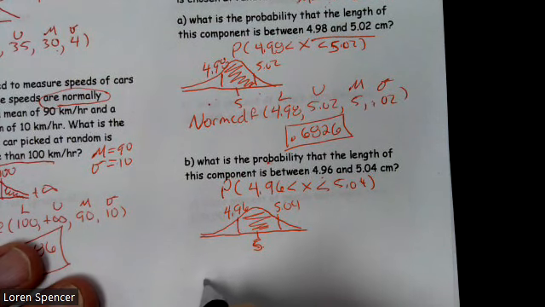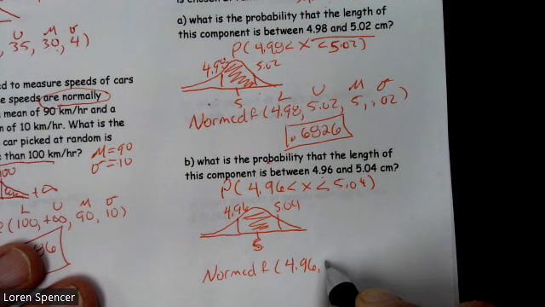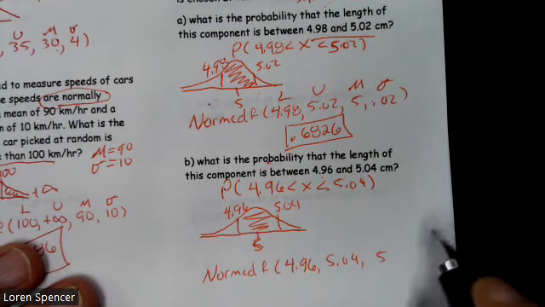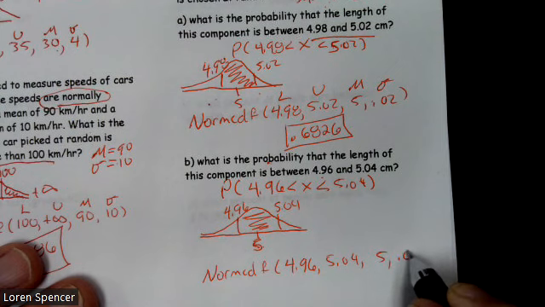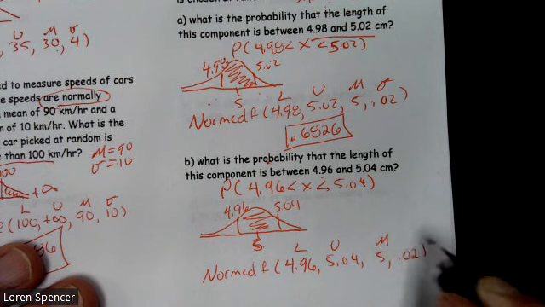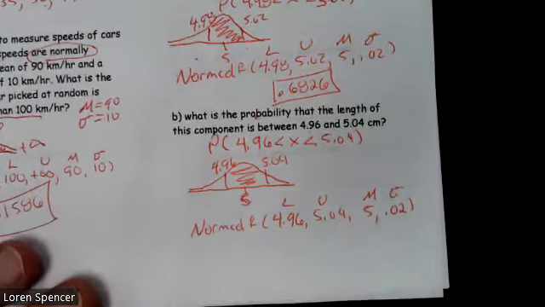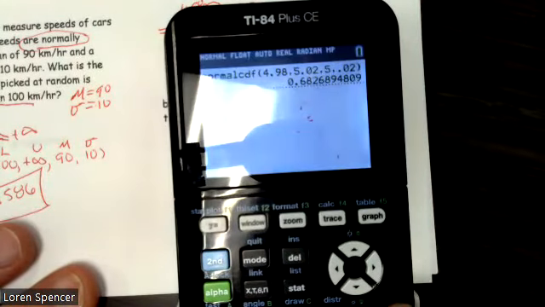So this is going to also be a norm CDF. My lower is 4.96. My upper is 5.04. My mean is 5. And my standard deviation is 0.02. Lower, upper, mean, standard deviation. So once again, we should be fairly close to 95%.